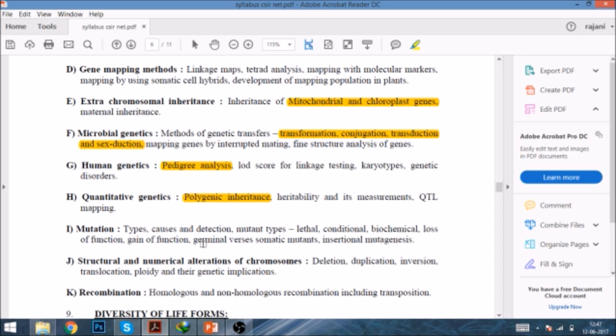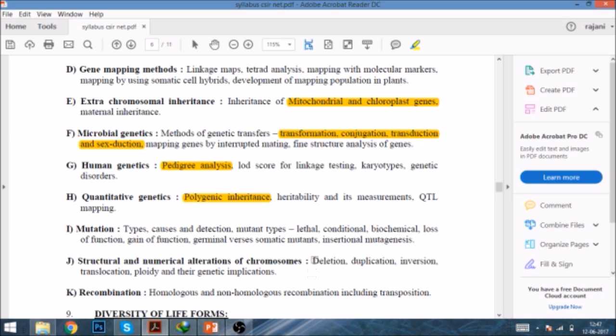Then how mutations can take place, frame shift mutations, and what chemicals are involved in frame shift mutations, for example how acridine is involved in mutations, and basically what the mutagens are. You must have that in your mind.